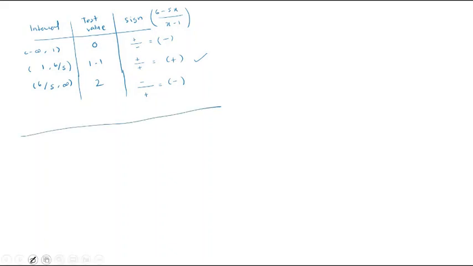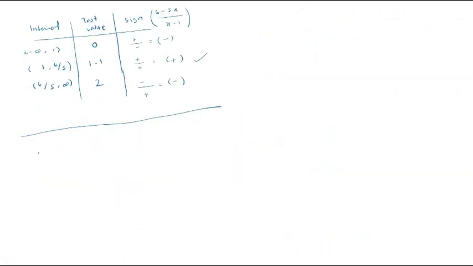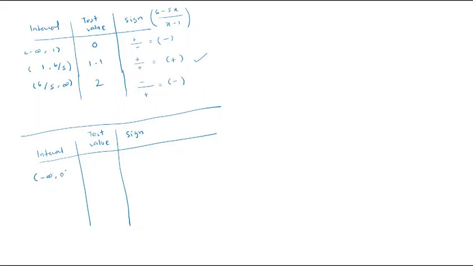For the second part, our critical values are x equal 0 and 1. Okay, let's make the second table. First interval is from negative infinity until 0.